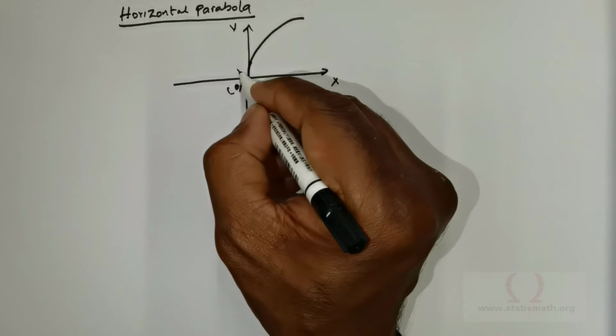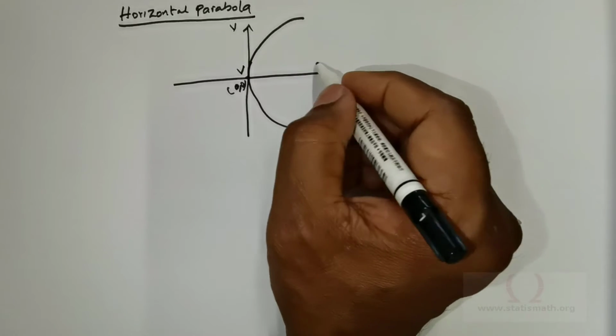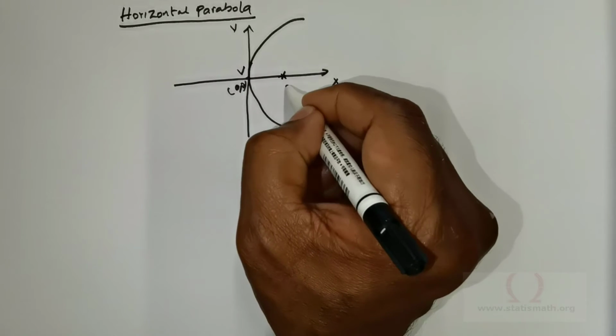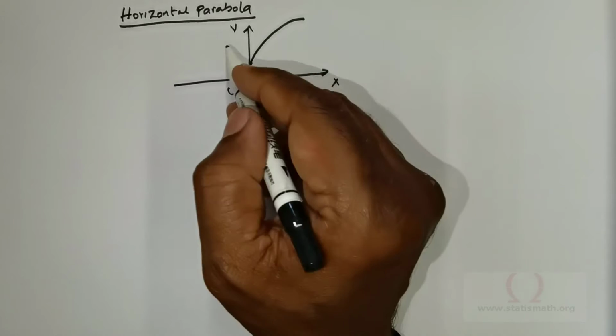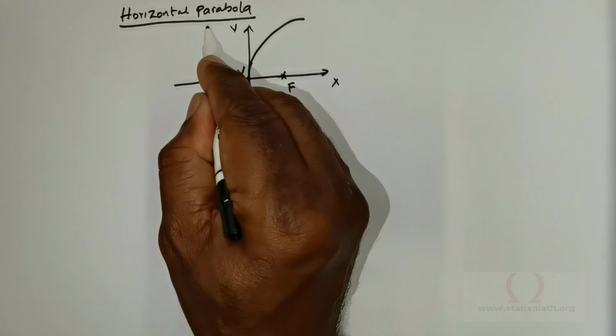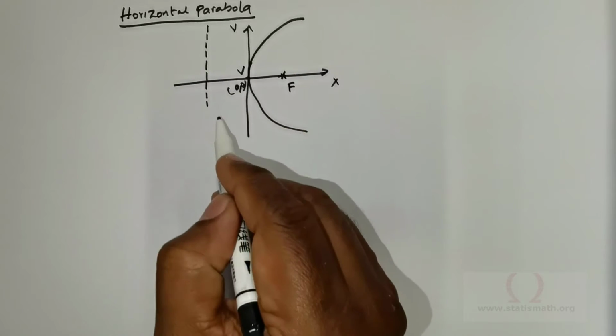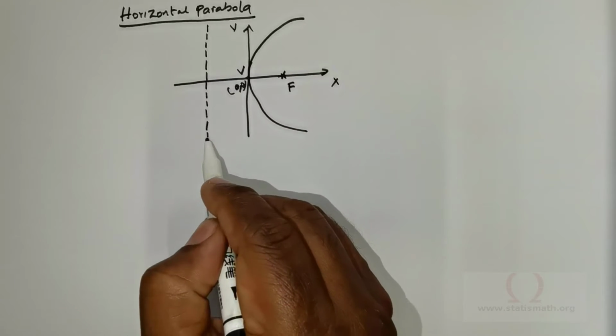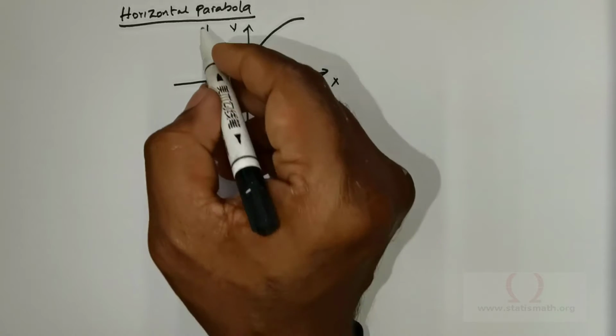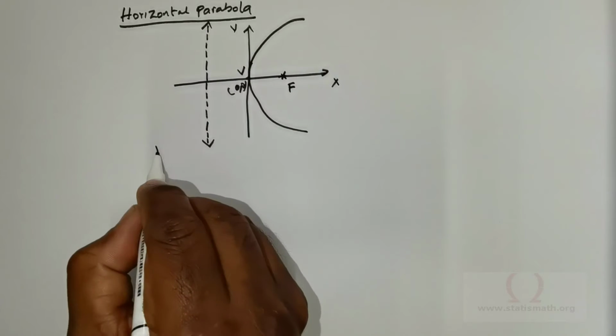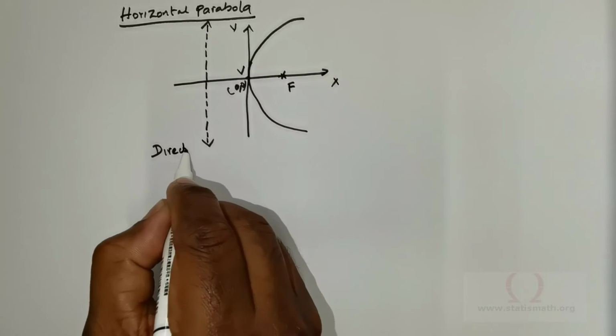So this is the vertex, and the focus is present here, and the directrix is the vertical line which will be flowing like this. This is the directrix. It's a fixed line, as I mentioned to you.